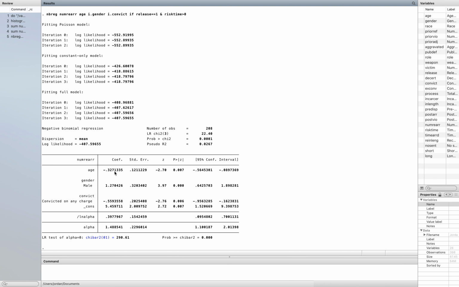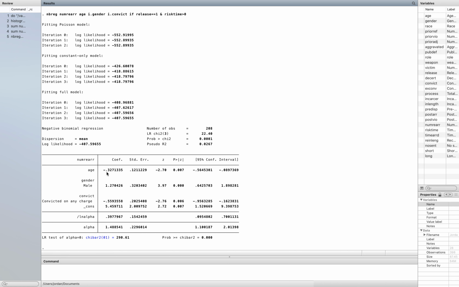So similar to an ordinary least squares regression model, where for every unit increase in x, y goes up by this amount or goes down by this amount. It's the same thing here, except we're talking about the expected log count, or the log of the expected counts. Let me interpret this for you.